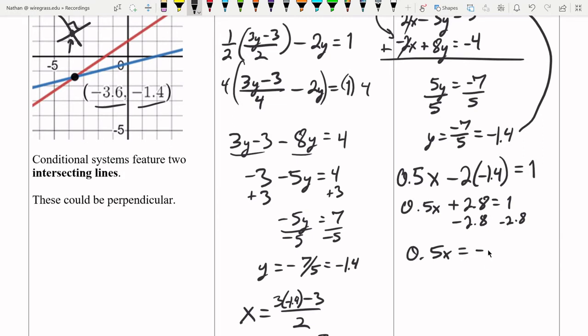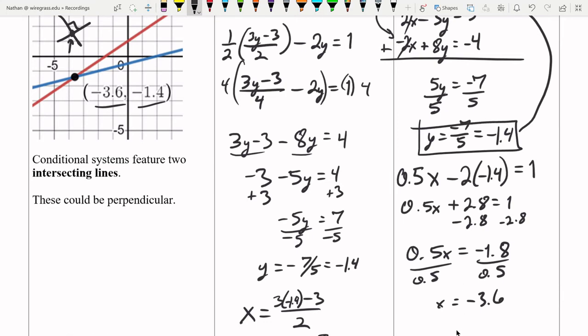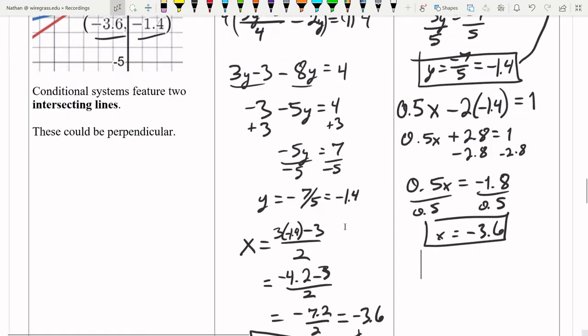It's going to give me negative 1.8, then divide by 0.5. Dividing by 0.5 is the same thing as doubling it, but just use a calculator, and you're going to see we're going to get negative 3.6. So once again, y equals negative 1.4, x equals negative 3.6. The same answer, no matter which way I do it.